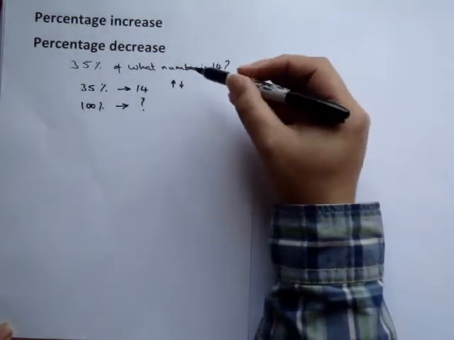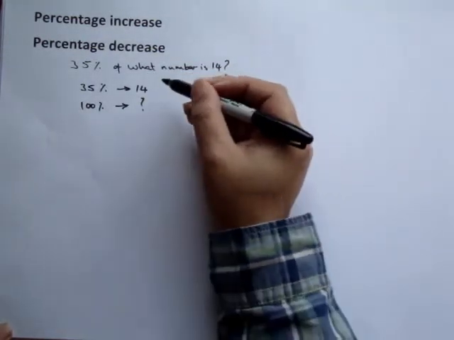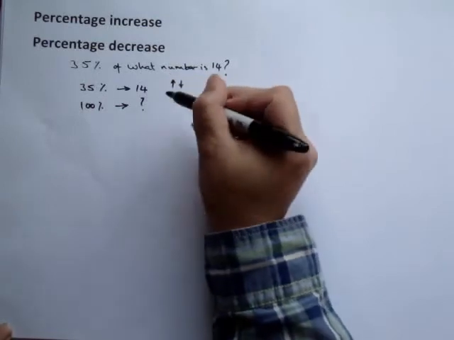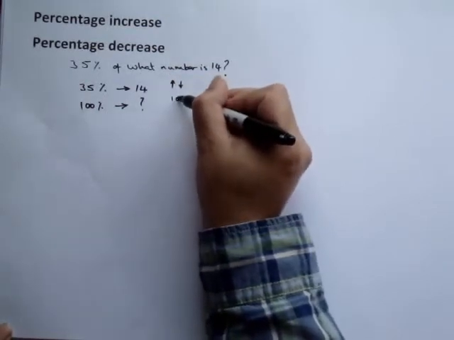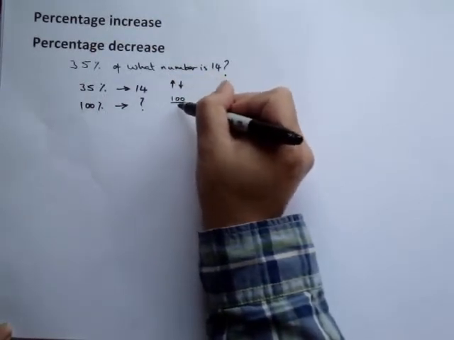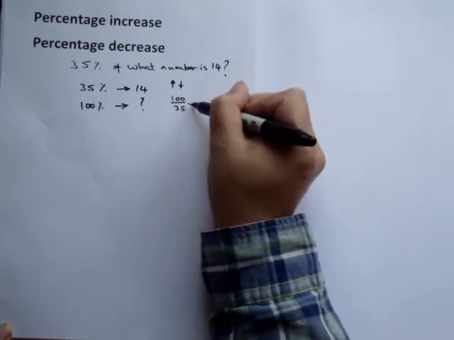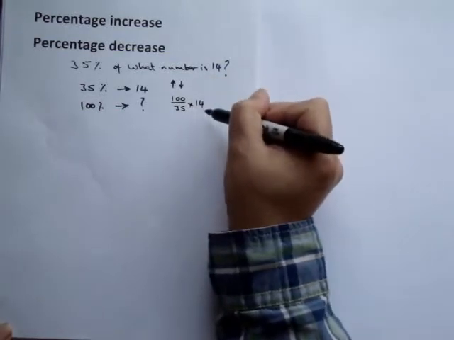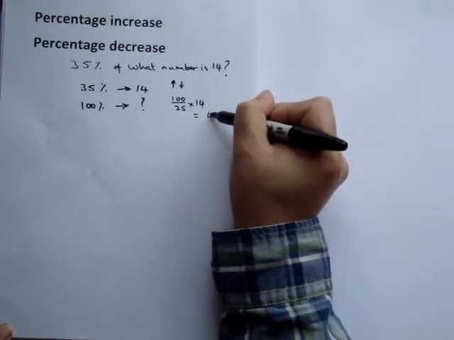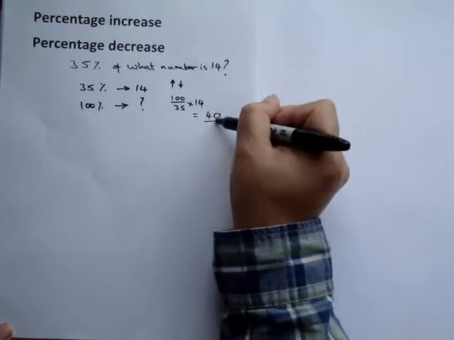We want the number to be bigger, so we have 100 over 35 times 14, and the answer is 40.